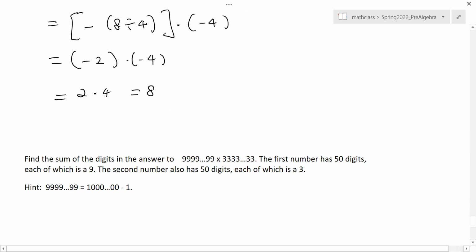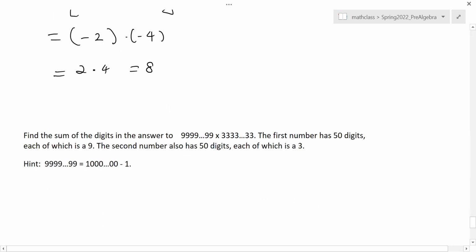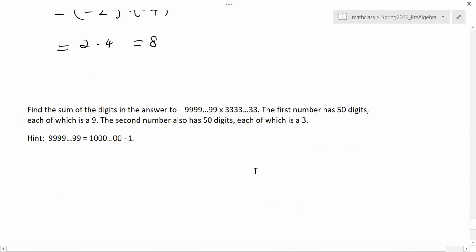The next one. We try to find the sum of the digits in the answer to the problem. Now we just need to figure out how to multiply them out. I'll give you the hint here. You have 50 digits in the first number, and the second number also, each number has 50 digits. I should have said that.